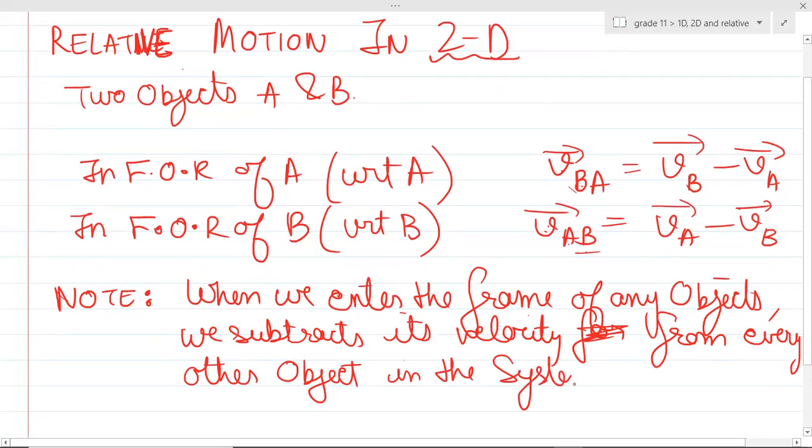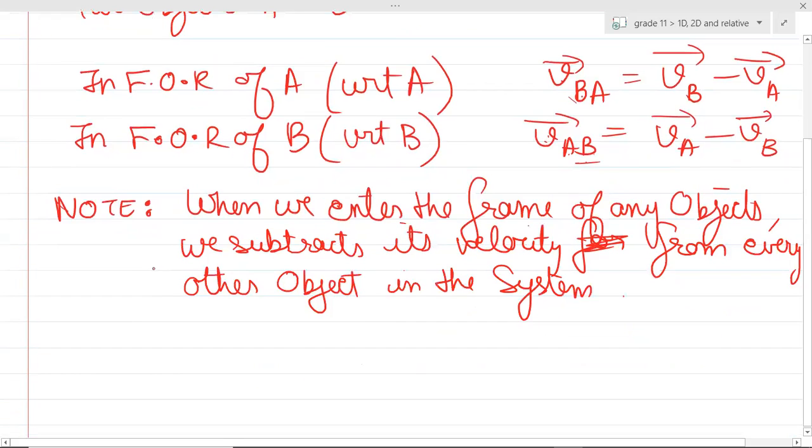Is this clear? So this is the first note. When we enter the frame of any other object, we subtract its velocity from every other object in the system. So if I am entering the frame of reference of object B, then I'll be perceiving object A, right? So the motion of object A will be that object's velocity minus the velocity of the frame in which I am sitting, right?